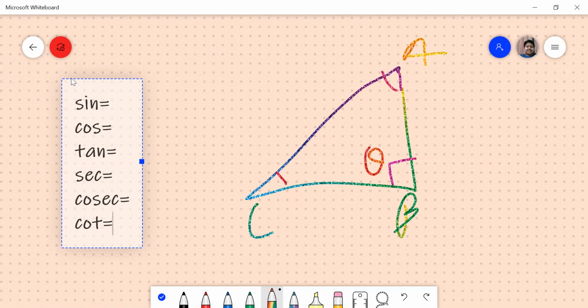All of these terms have their own formulas, which we will be discussing now.